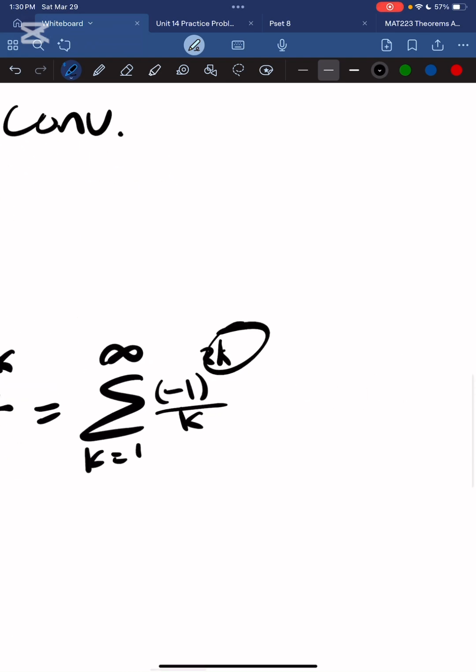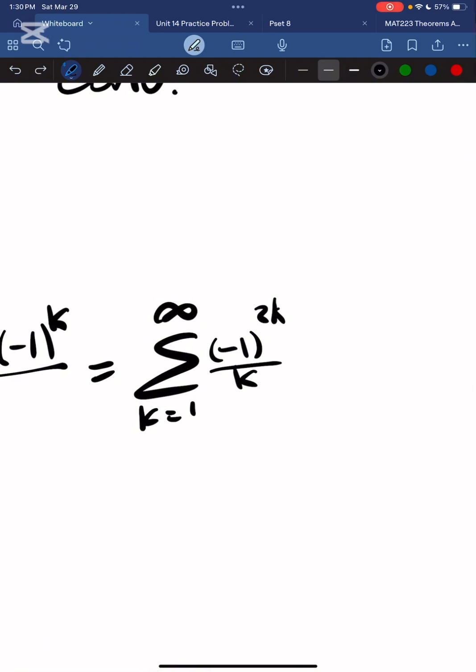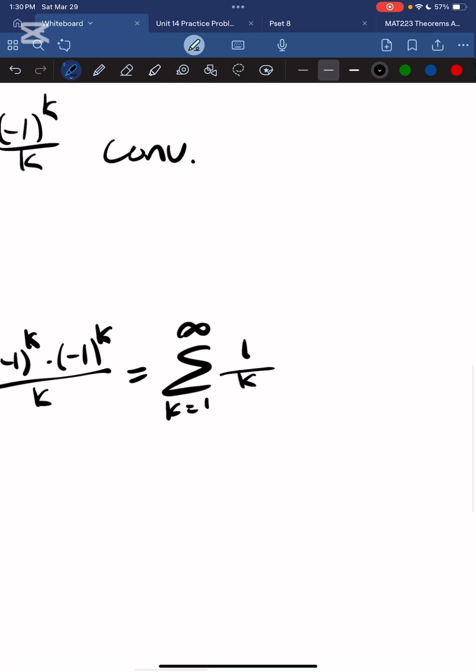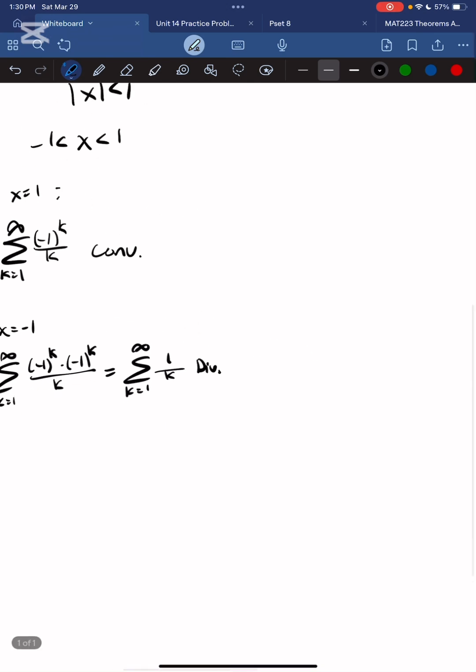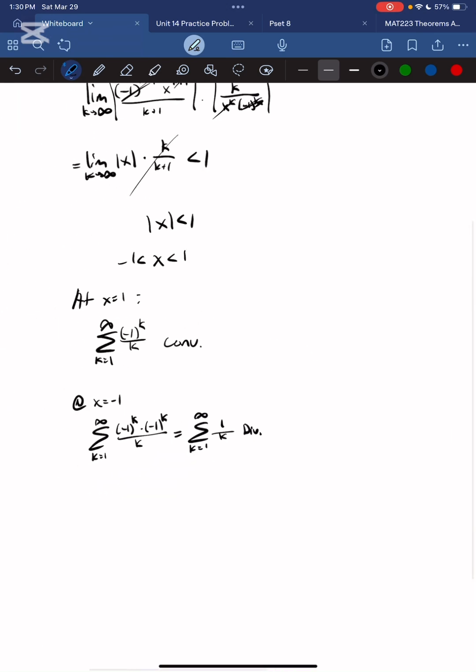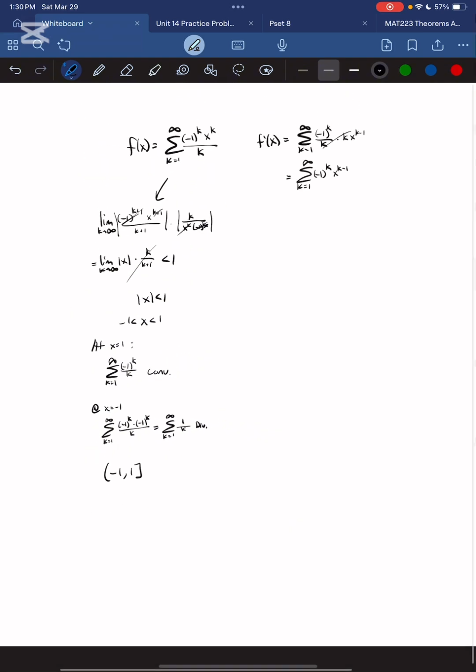The 2k is always an even number, so the sign gets decimated into just 1, and this is divergent because this is just the integral test, blah, blah, blah. So we know the interval of convergence of this one is negative 1 to 1, excluding the left endpoint. Great.